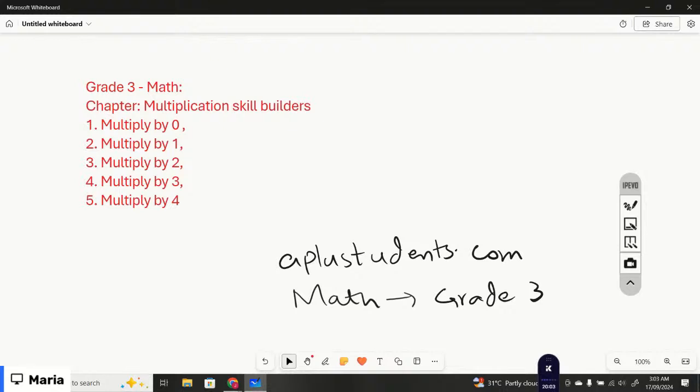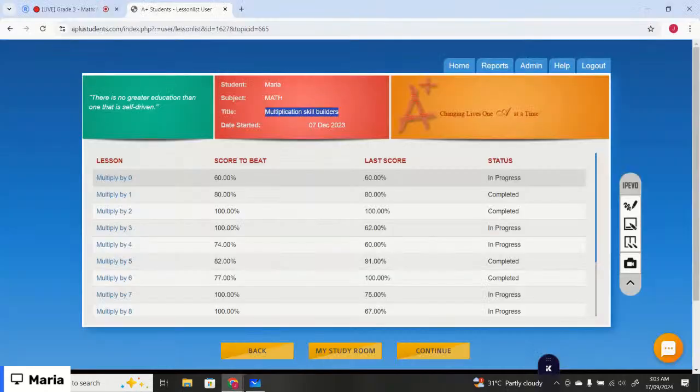So please make sure you have your notebook and pencil so that you can note down the important examples and definitions as well, right? Okay, so here I'm on grade 3 math. Let's just start with the first lesson, that is multiply by 0.